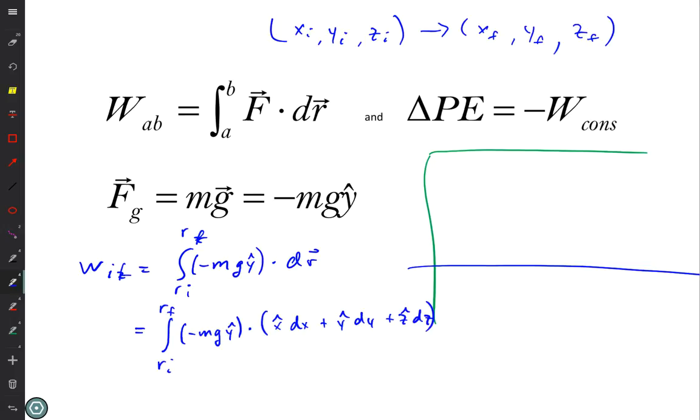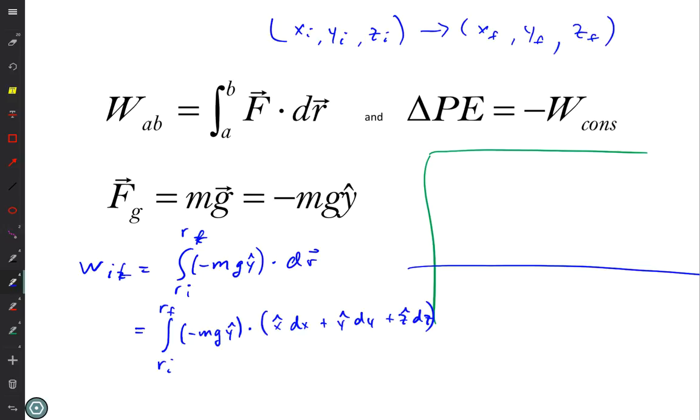So I've explicitly put in my 3 dimensions for dr. But we're doing a dot product. The dot product means, and I've done this a lot of times, just making sure people are following along, I'm multiplying which 2 parts of my vectors?